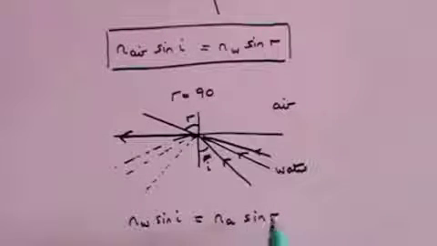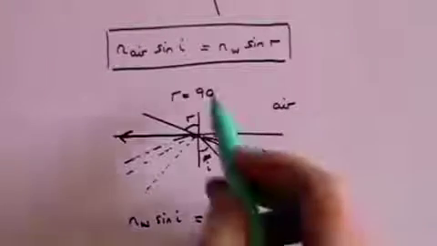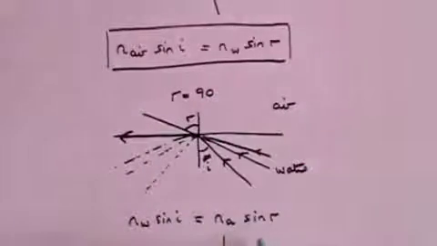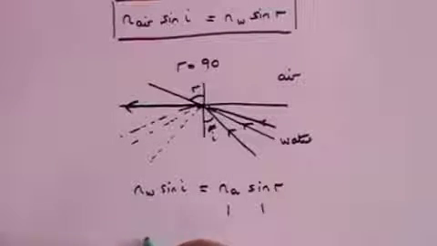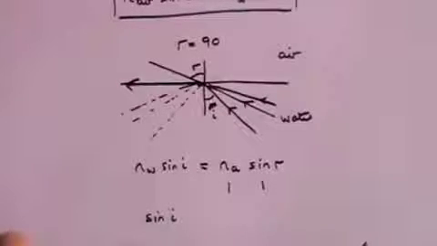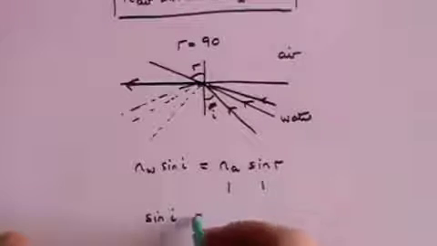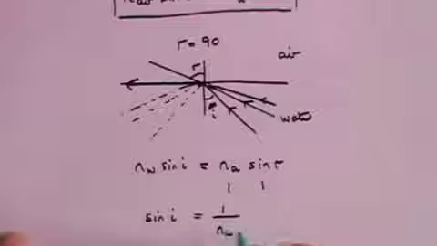Well, we know that n air is 1, and we know that the sine of 90 degrees is 1, and that means that the sine of the angle of incidence, which is the critical angle, the angle at which all the light will be internally reflected, is 1 over the refractive index of water.